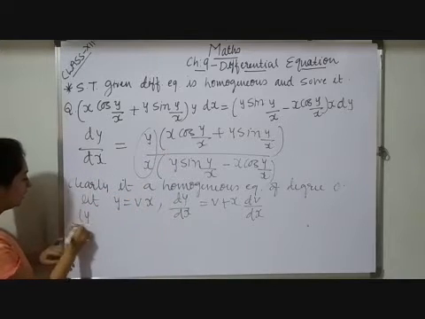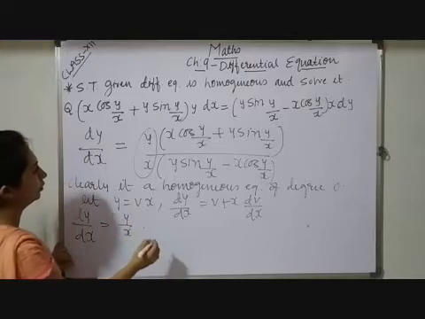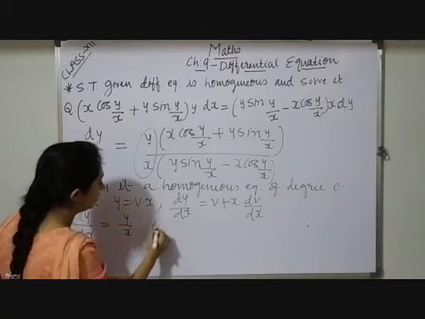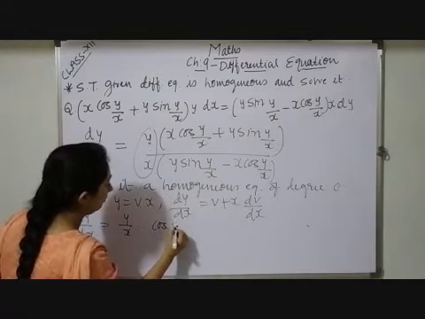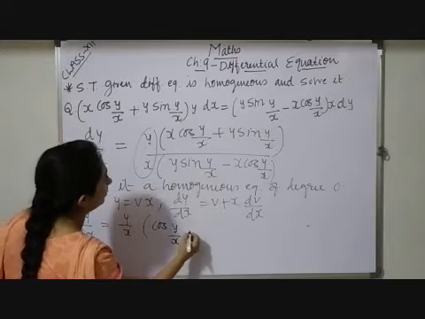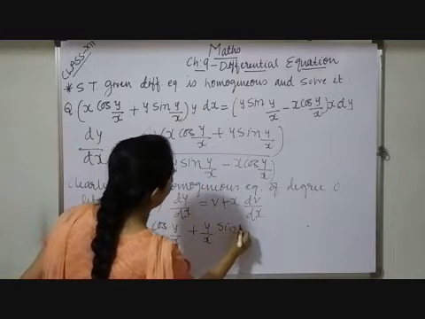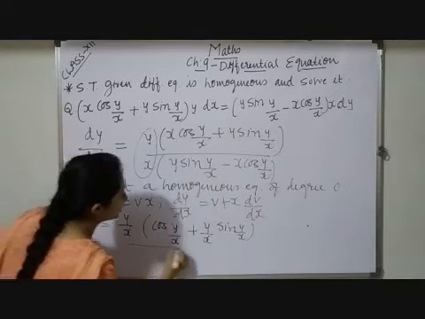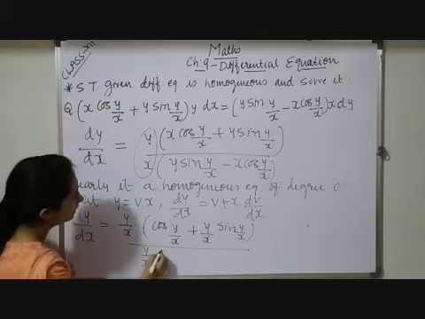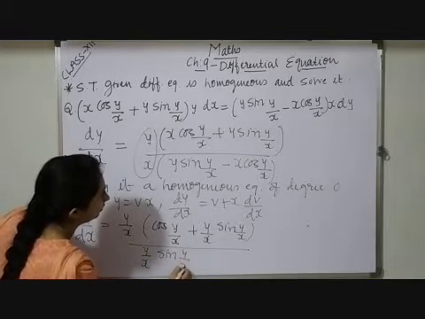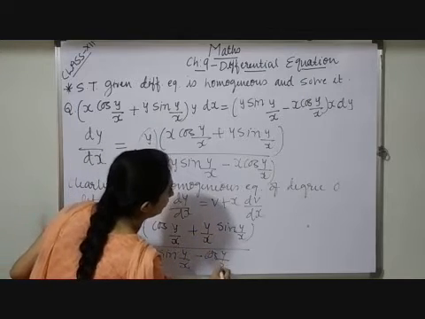So here I will get dy by dx equals y upon x into, here x and x will cancel out, you will get cos y upon x plus y upon x sin y upon x, this whole divided by y upon x sin y upon x minus, x and x cancel out, cos y upon x.